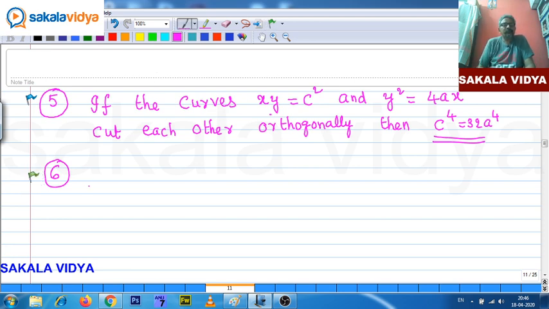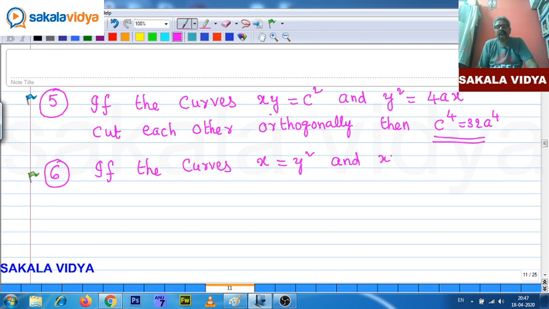So, now the sixth concept: if the curves x is equal to y square and xy is equal to k cut orthogonally, then 8k square is equal to 1.